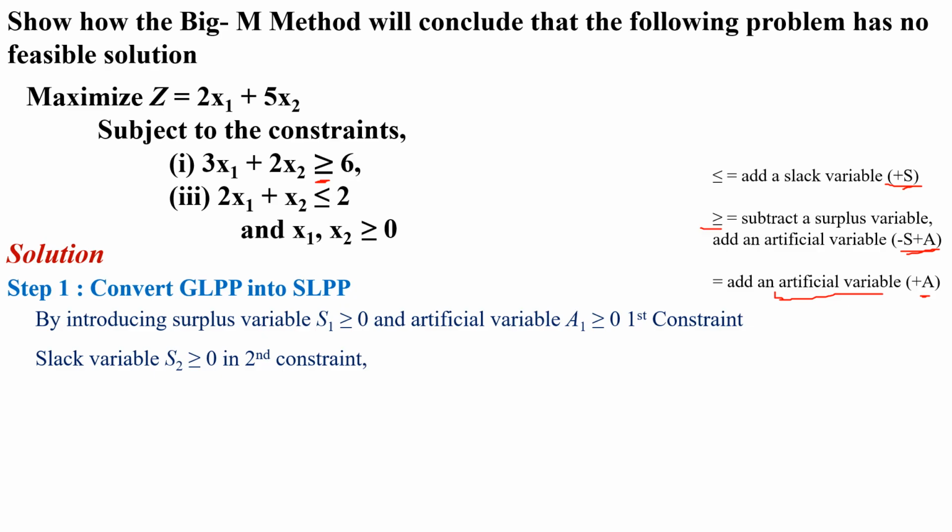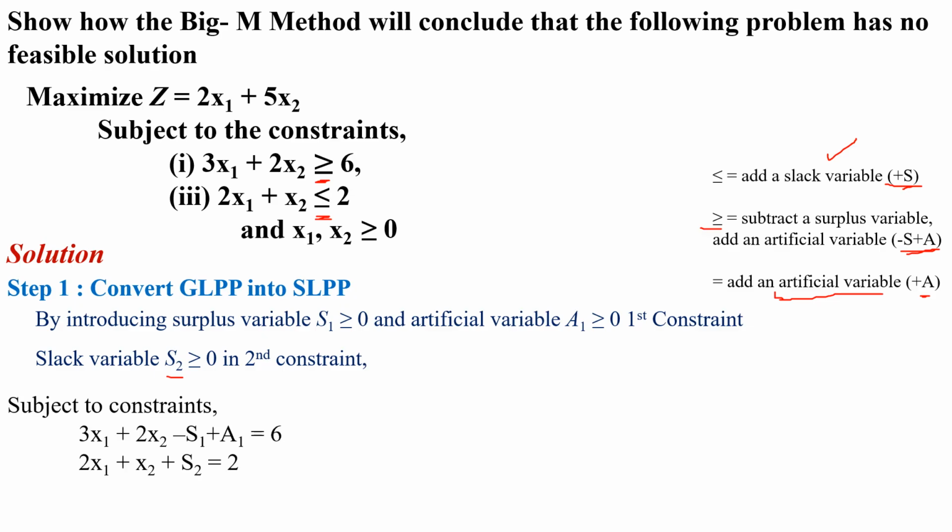Similarly, we observe the second constraint. In the second constraint, the inequality symbol is less than or equal to, so we have to introduce a positive slack variable, that is S2.